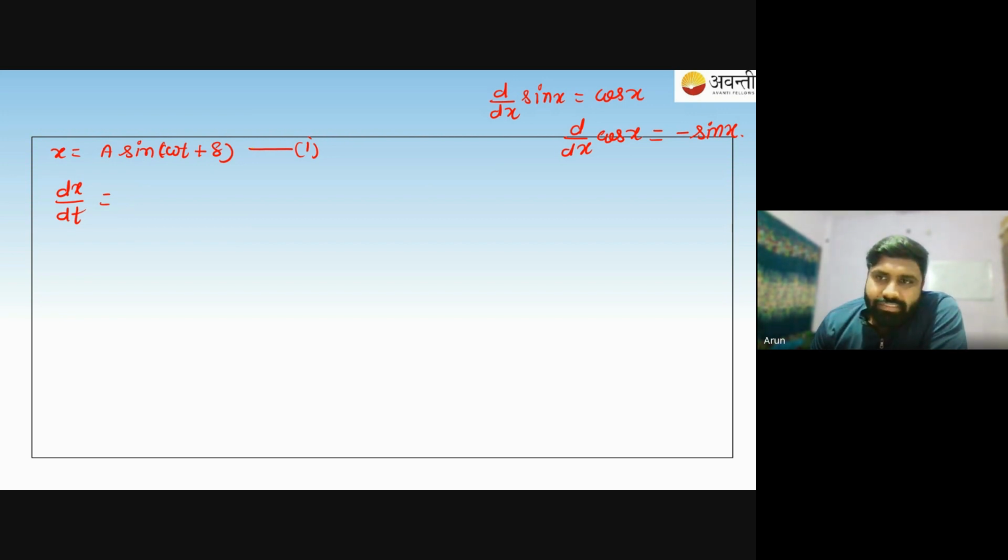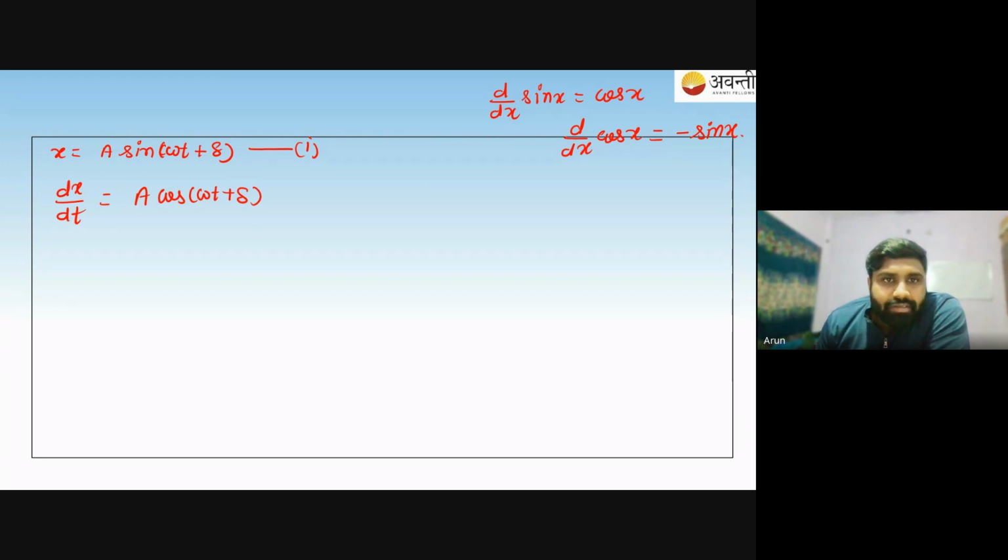Now a is a constant, so the constant does not get involved in differentiation, so it is taken common out. So d by dt of sin(omega t plus delta) will become cos(omega t plus delta). This omega t plus delta you can consider as x.